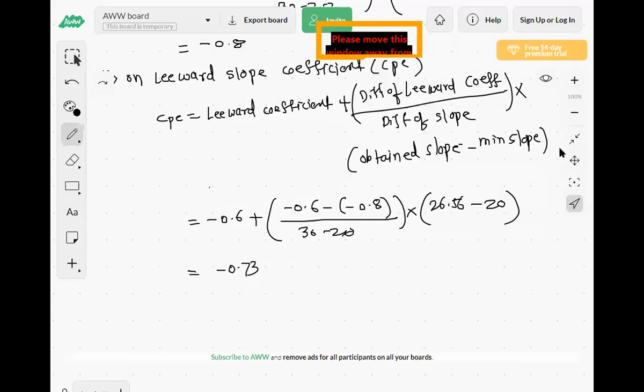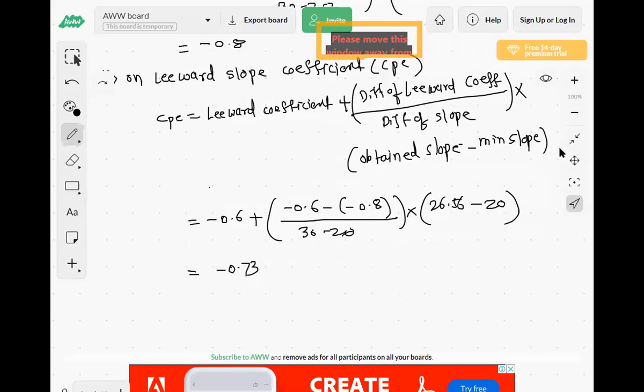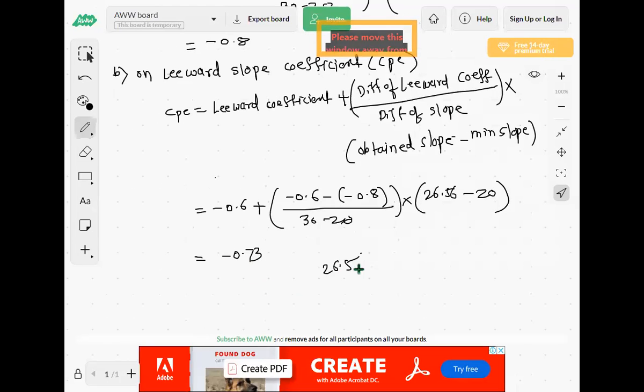As in the initial phase, they have given me the wrong answer. Priyanka, Prerna, Sadiq, Vaishnavi. So is this correct? Now minus 0.73. Yes, okay. Minus 0.73 is correct. So now 0.73 coefficient is for this 26.56 degree theta.